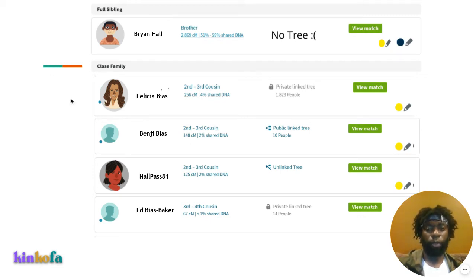In this case, as we viewed in the clustering workshop, we have the Bias relatives and Hall Pass 81. Where we're going to start with this sort of descendant research is really focusing on, again, the strongest leads that we have here. So looking at this table, we see that there are trees for these matches. However, 2 of them are private.